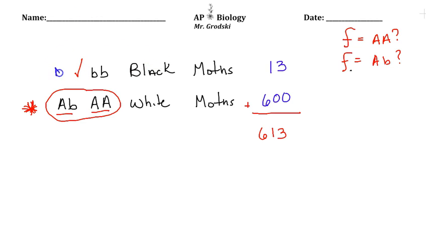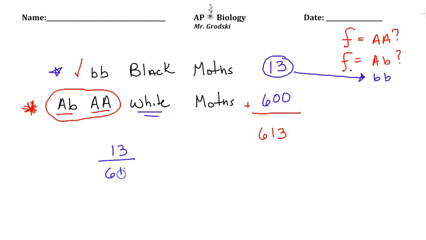This number of moths I know definitely is little b, little b individuals, because these are black moths, so I know that for sure. That's the only starting place I have. I can't start here because I don't know which one it is. If it's white, it could be two different genotypes. Important. So I'm going to put 13 over 613.